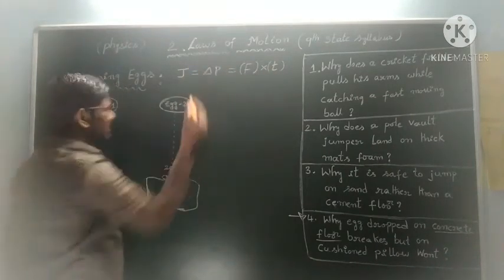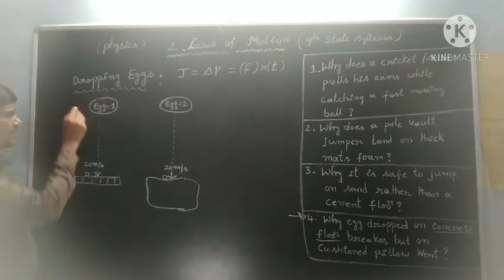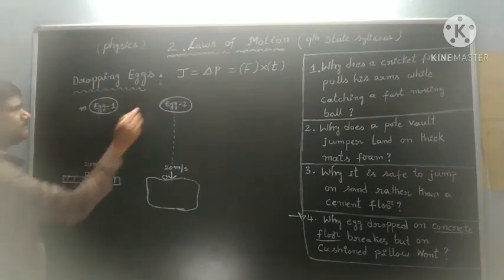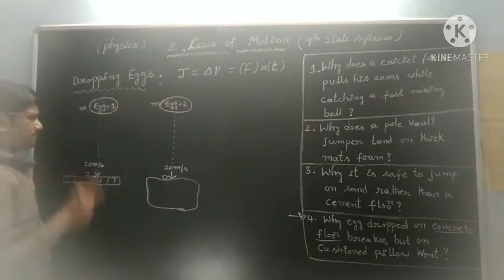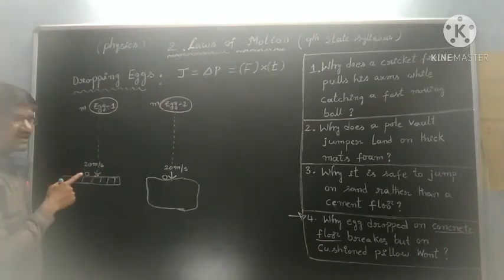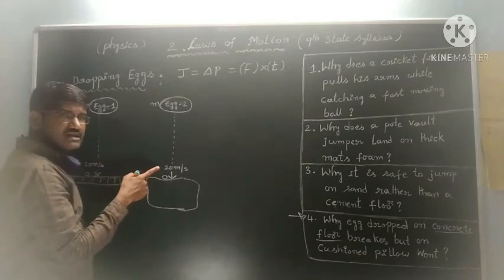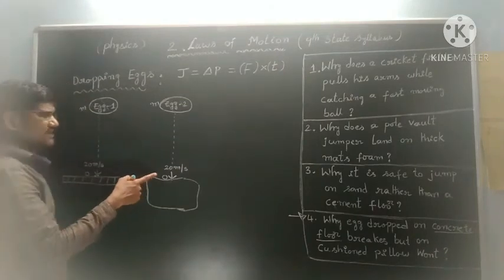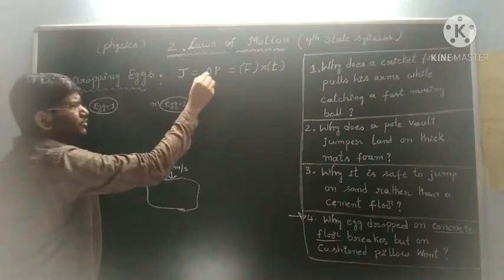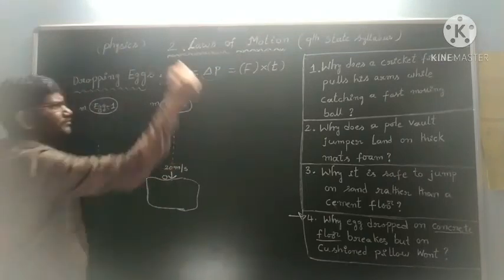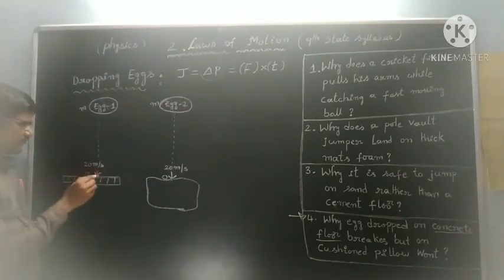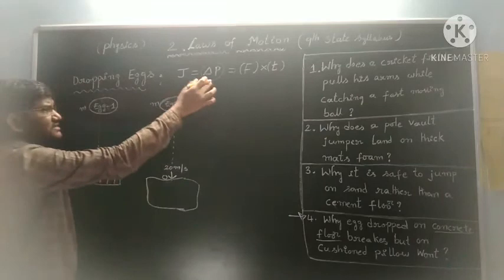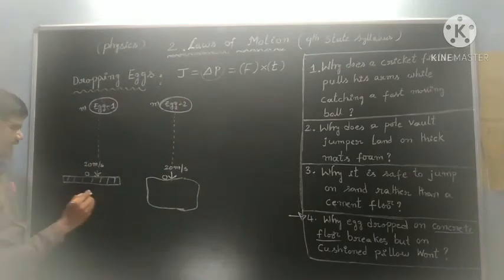Here the mass of the egg is m, here also mass of the egg is m. Initial velocity is same, final velocity is same. Here also initial velocity is same, final velocity is same. So same change in momentum we want to give. But here when the egg falls on the concrete floor, it comes to rest very quickly.